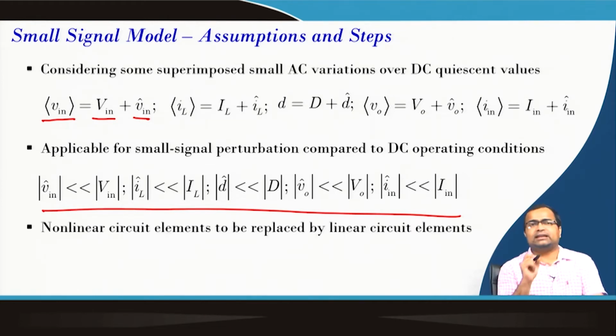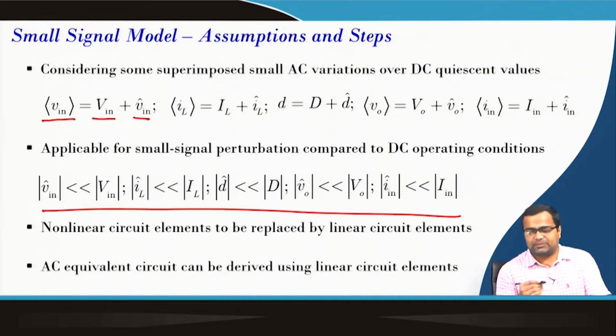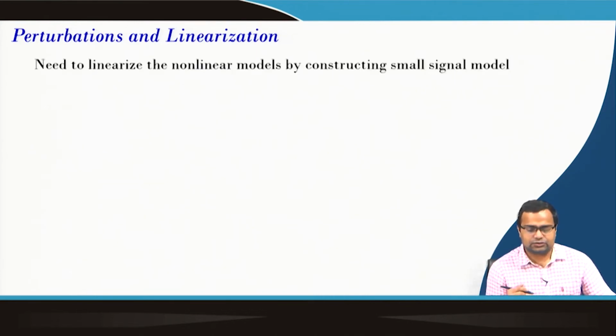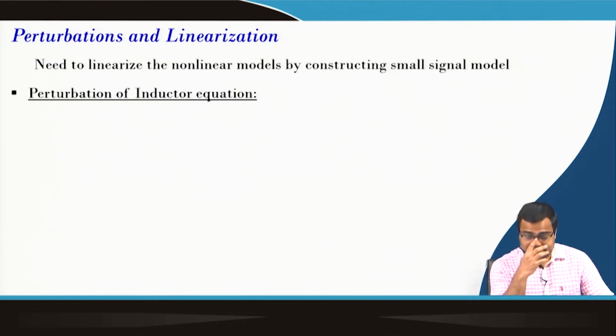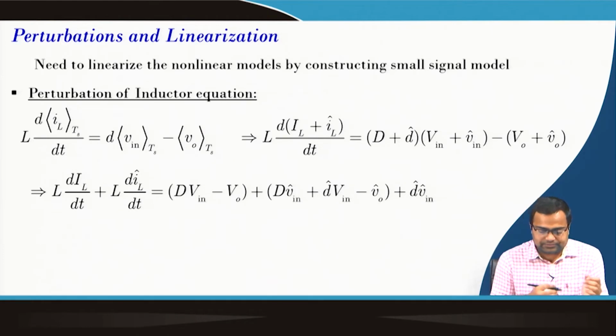Then the nonlinear circuit element, that means the switching element, will be replaced by its average quantity as well as its linearized quantity, and then we can obtain the AC equivalent circuit model. Next, we are going to consider perturbation and linearization. We need to obtain the linearized model from its nonlinear characteristics, so let us consider the average inductor current dynamics in a buck converter.